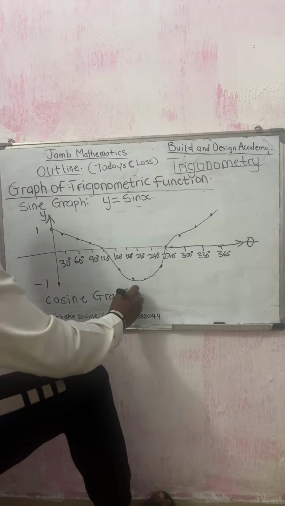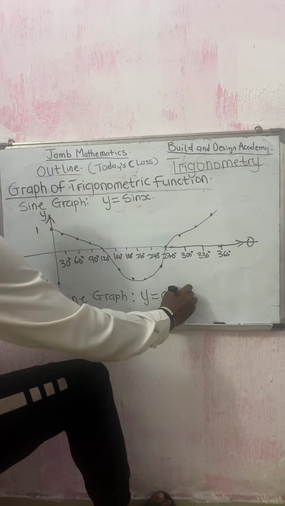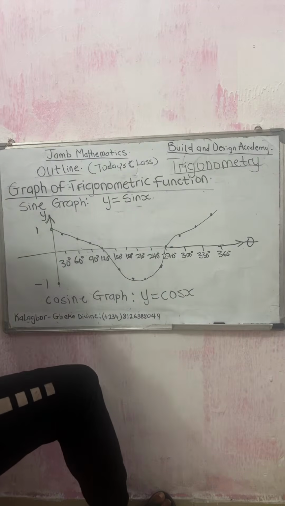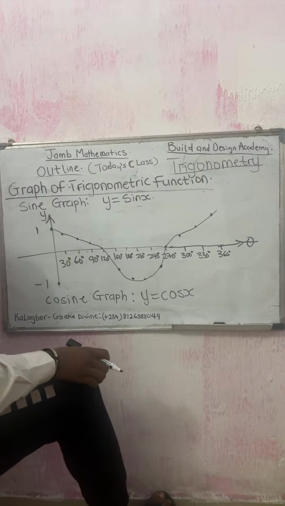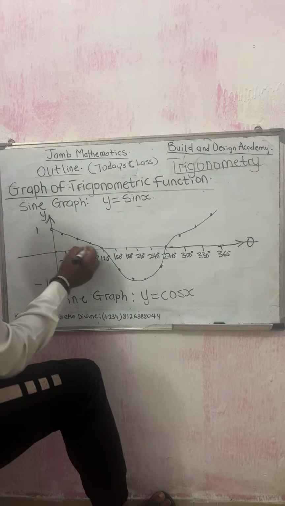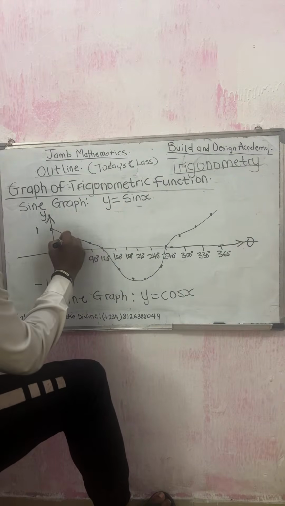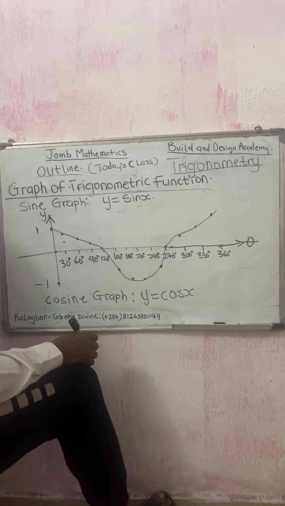For the cosine graph, we have y equals cos x. Now if you want to represent that, the cosine graph starts from here, this 0, to have another point at this 30. Are you seeing it?